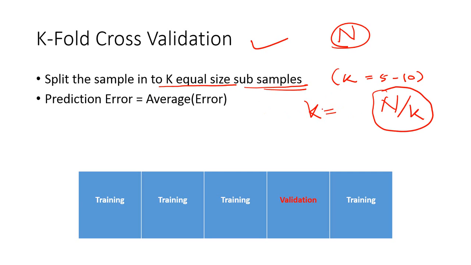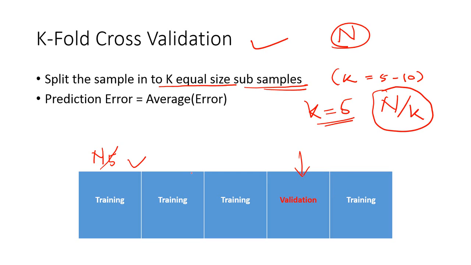Say for instance k equals 5. You divide the entire sample into 5 subsamples, each having n upon 5 data points. You take one of the subsamples as the validation set and the remaining 4 as the training set, like the way we have done here.